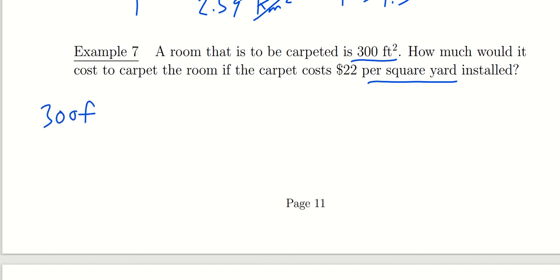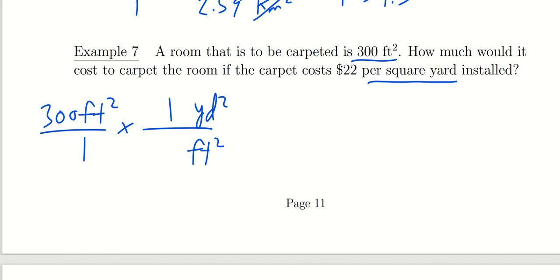Our 300 square feet is going to go over 1. If I want to get rid of feet squared, it's got to go on the bottom. If I want to go to yards squared, it's going to go on the top. The relationship here is that 1 square yard is equal to 9 square feet. The square feet cancel. So we're going to have 300 divided by 9.